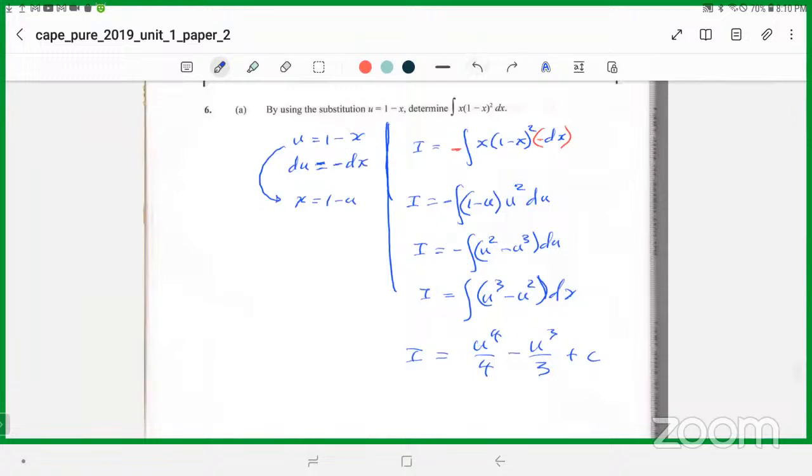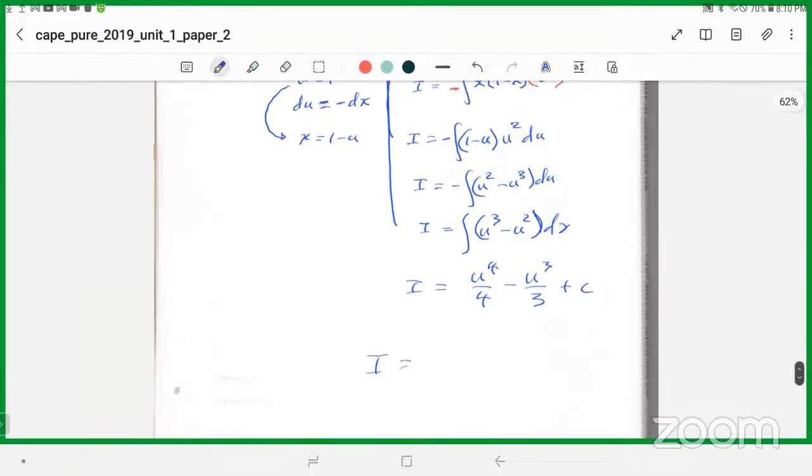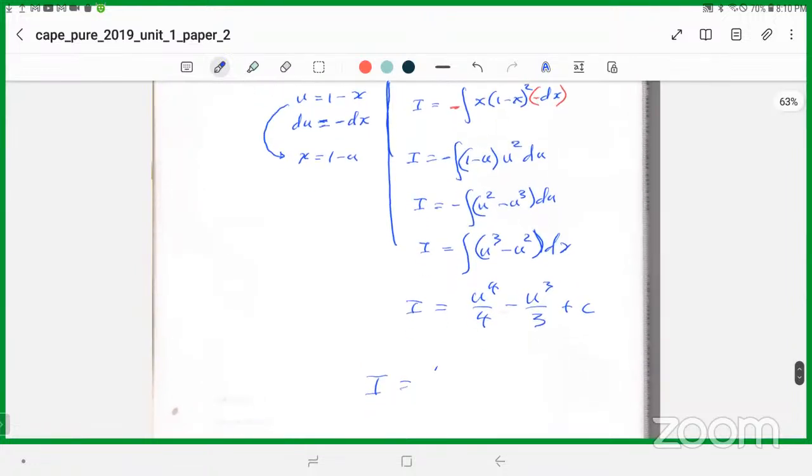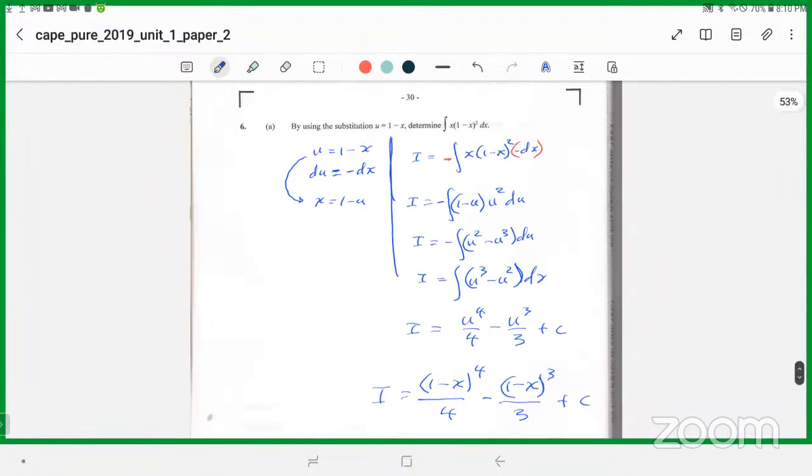All right, so my integral then finally becomes (1 minus x) to the 4th power over 4 minus (1 minus x) cubed over 3 plus c. That's it.